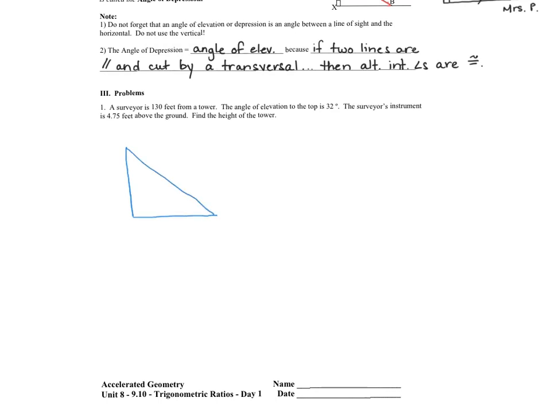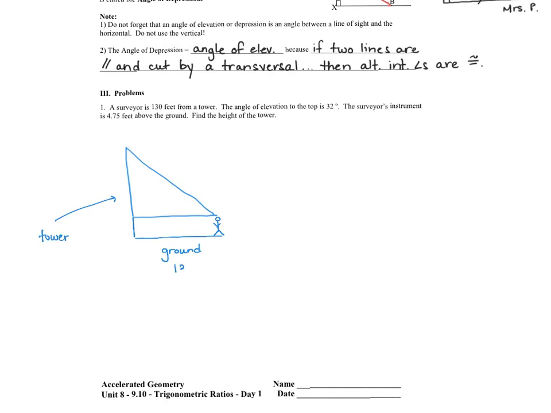So let's start picking out the pieces that we know. A surveyor, so I have somebody standing here on the ground. So this is the ground. And is 130 feet from a tower. So this is my tower.